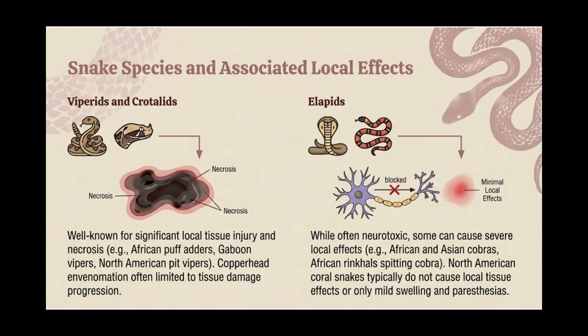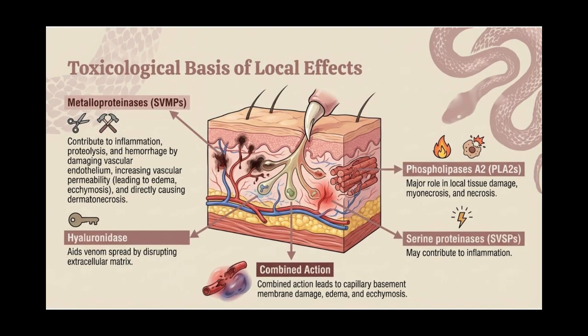The New Guinea small-eyed snake, Micropechis ikaheka, has the potential to cause muscle tissue breakdown, known as myolysis. North American coral snakes of the genus Micrurus are primarily recognized for their neurotoxic venom. They typically do not cause significant local tissue effects, although some bites may result in mild swelling and tingling sensations around the bite site.